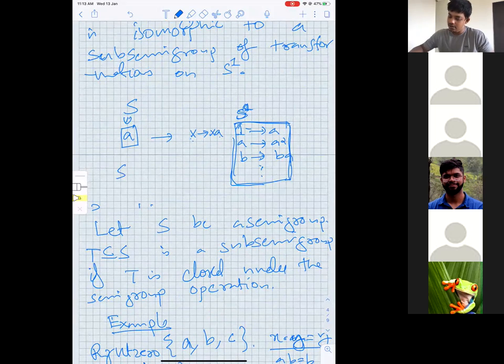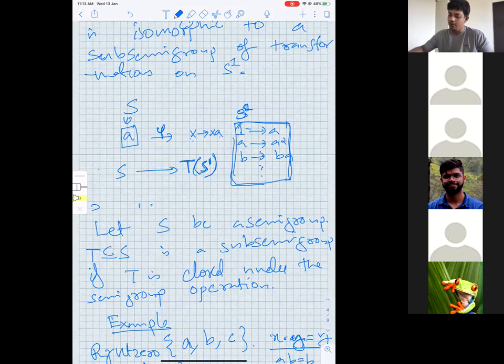I call this morphism phi. Phi maps an element A to the transformation which is obtained by multiplying each element by A on the right. So this is a morphism from S to all the transformations on S1.